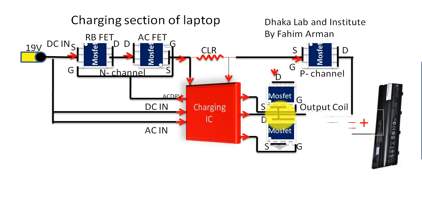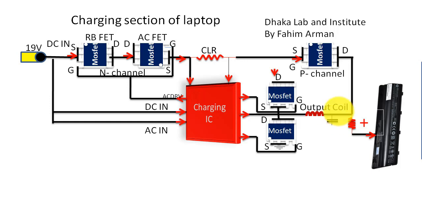So the exact voltage will pass through the output coil, and the output coil will filter the voltage, and there is also a polar capacitor that filters the voltage.